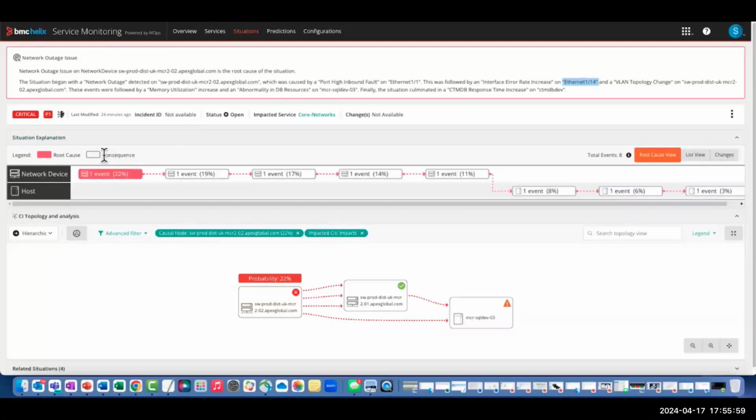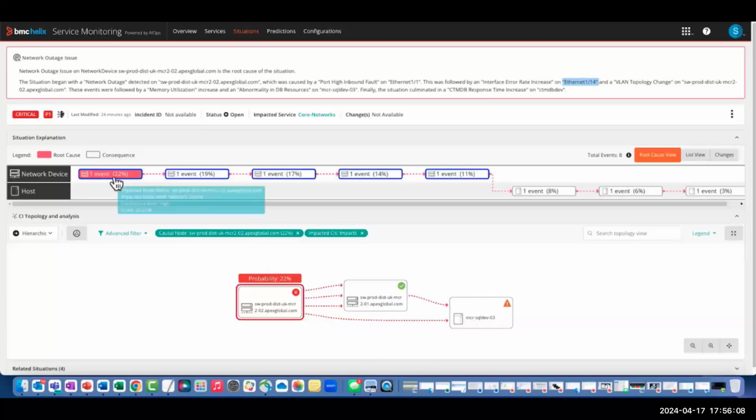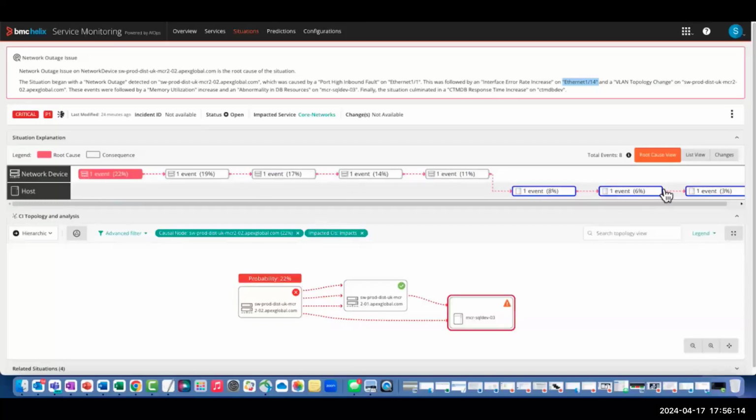Now, as I'm hovering over these events, here on the CI topology and analysis view, I can see which device it is and how it's impacting the others. So how events are actually impacting each other.